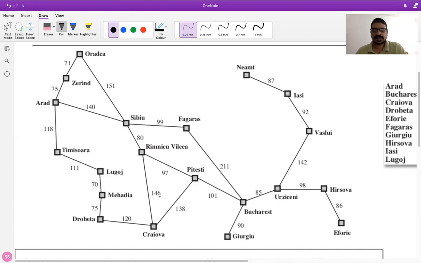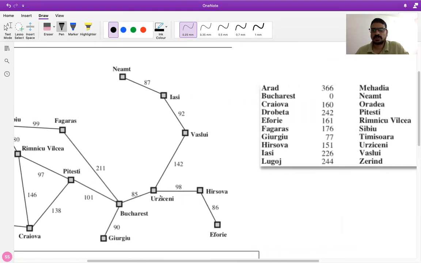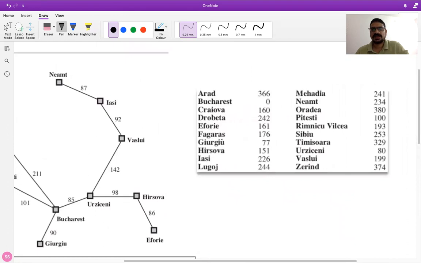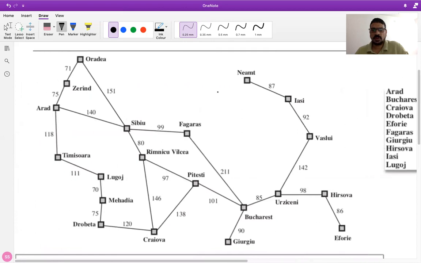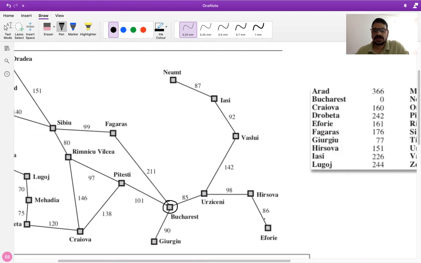Now one more value has been given, that is the heuristic value of each node to the goal node. Let's say this is my initial node, Arad, and this is my goal node, which is Bucharest.